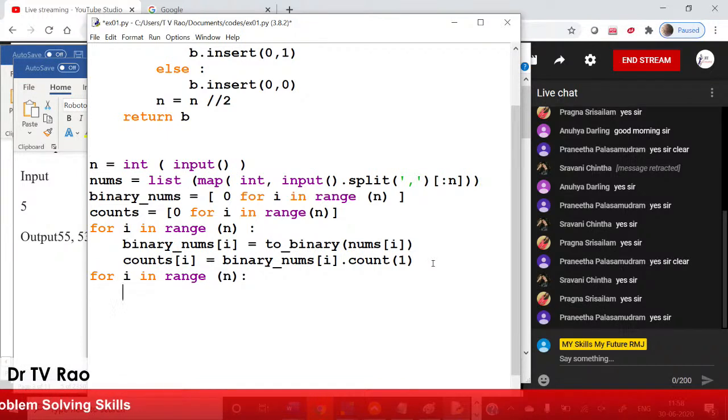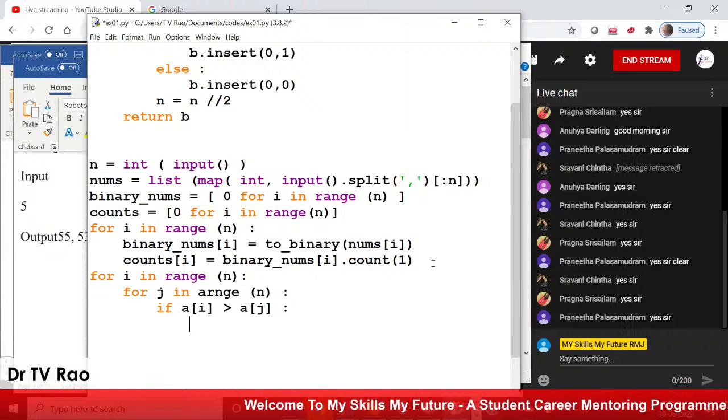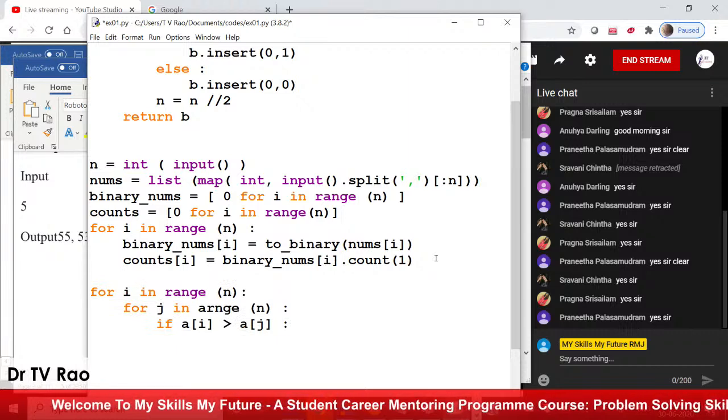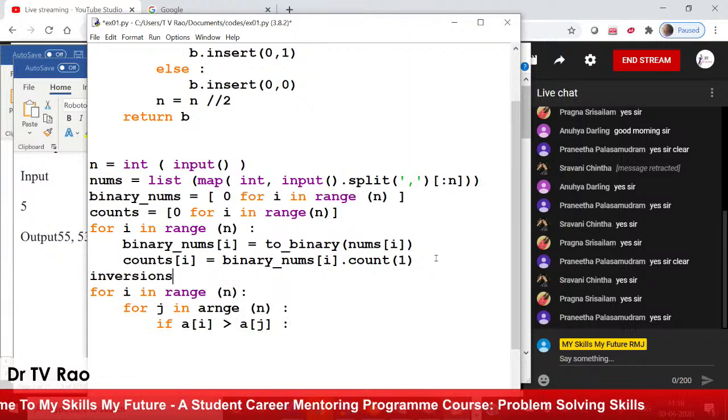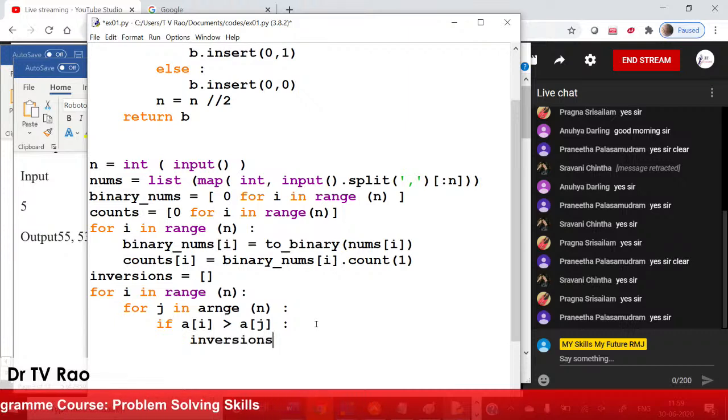For i in range n, for j in range n, if ai is greater than aj, then have a list by the name inversions and add to inversions.